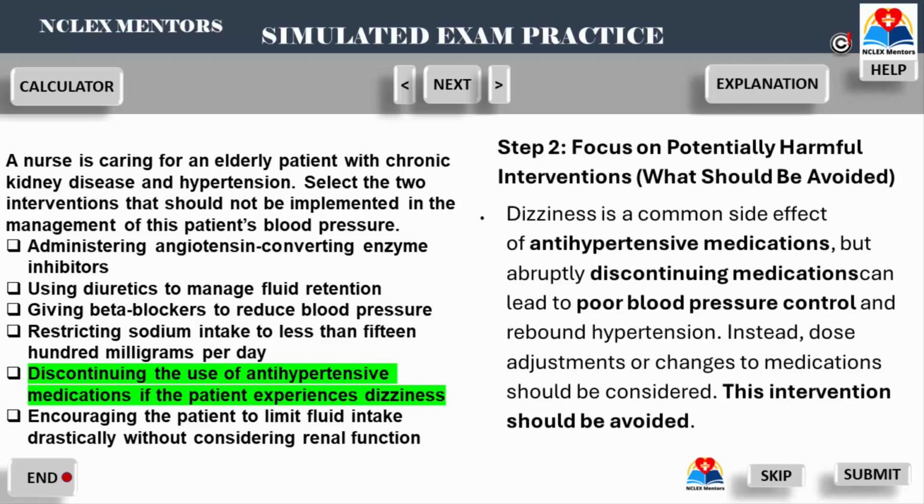Discontinuing antihypertensive medications if the patient experiences dizziness. Wait, dizziness can be a side effect of these meds, but stopping them suddenly is dangerous. It can cause blood pressure spikes and rebound hypertension. The solution? Adjust the dose. Don't stop the medication. This should be avoided. This is a correct answer.